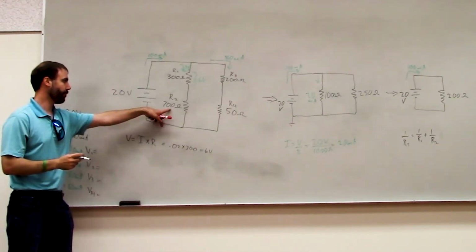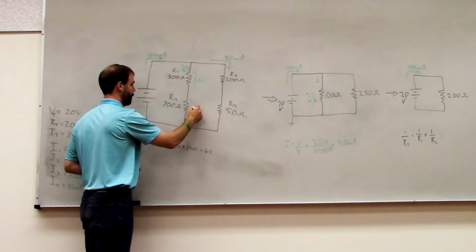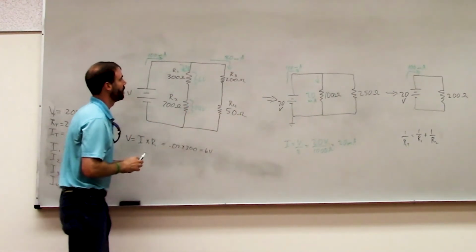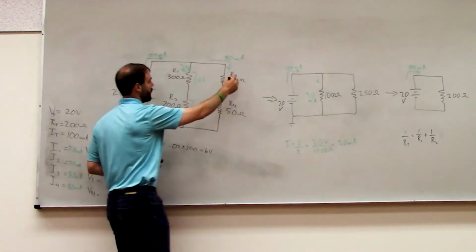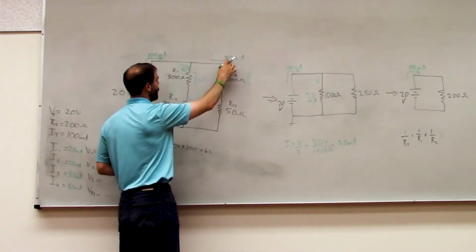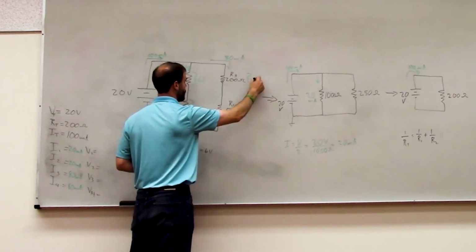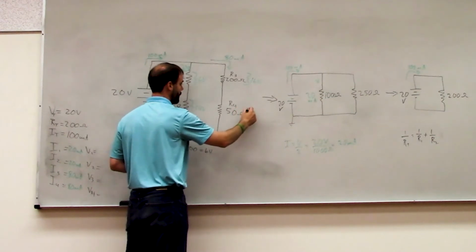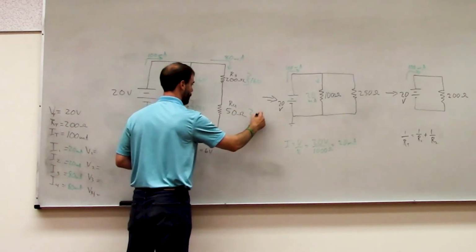You can do the same thing for R2. You get 0.02 times 700. That comes out to be 14 volts. Here, you can do the same calculation. You get 0.08 times 200, which is 16 volts, and 0.08 times 50, which comes out to be 4 volts.